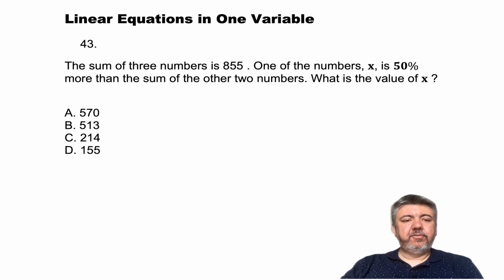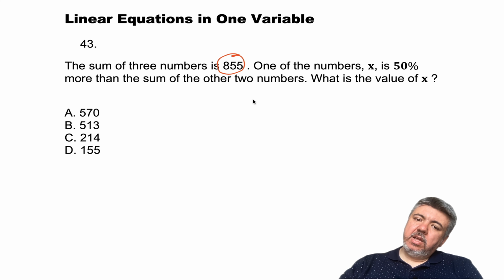43. The sum of 3 numbers is 855. One of the numbers, x, is 50% more than the sum of the other two numbers. What is the value of x? I have x and the other two numbers, y plus z.